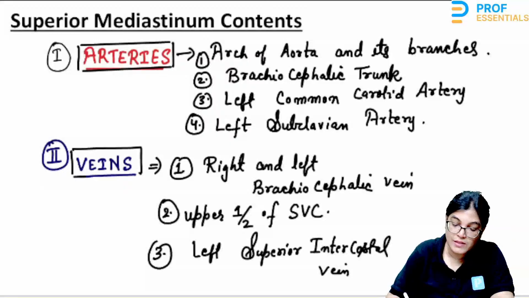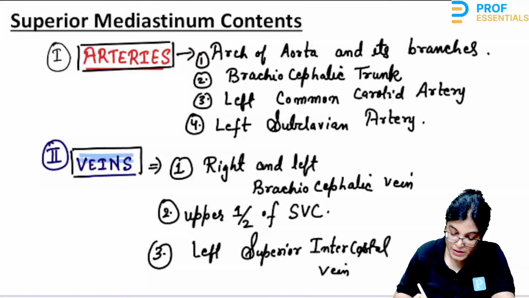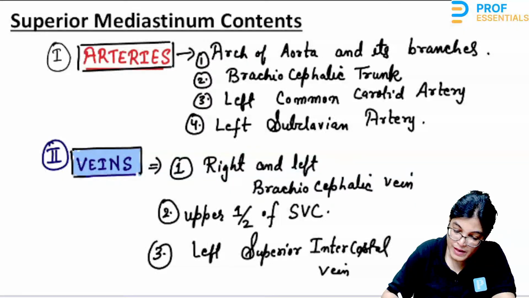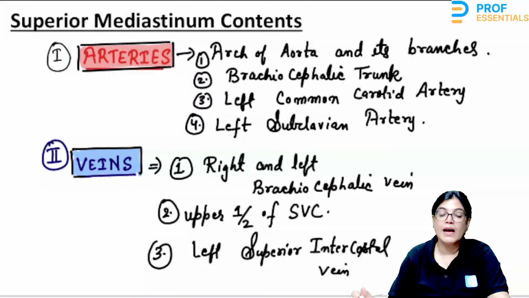So we have the list of important structures. We have got all the list of veins which are residing in the superior mediastinum. We have also got the list of all the important arteries. Now I want you to write the list of lymphatics and the other structures.